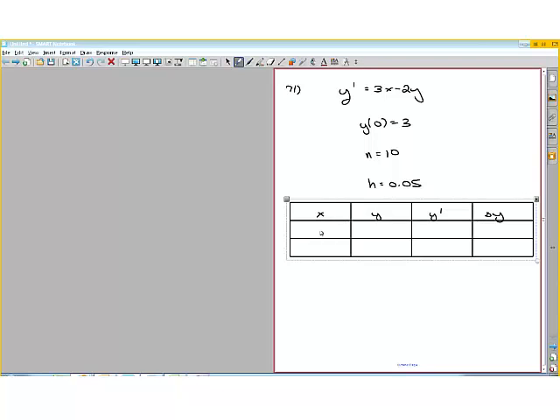Our initial value of x is 0, and our y value is 3. We evaluate y prime by using the differential equation, which is 3x minus 2y.